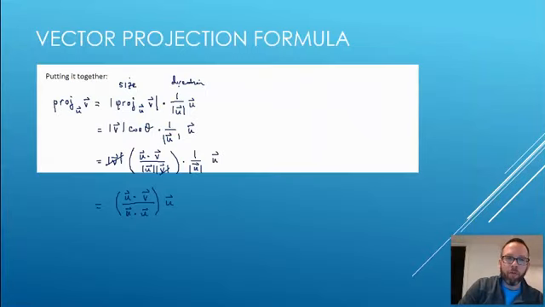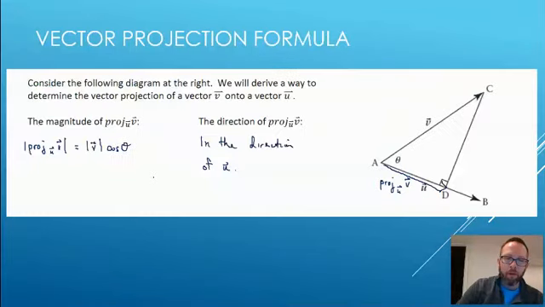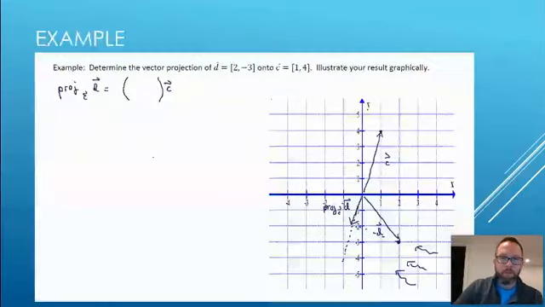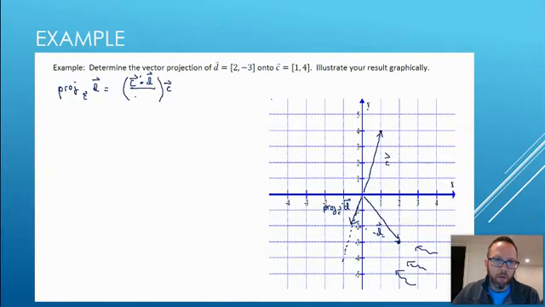And then if you go back to our formula, if you're projecting onto u, everything is u except this little bit of a dot product on top. So in ours, everything will be C except it'll be D. So it'll be C dotted with D over C dotted with C times vector C. So that's it. The formula is easy to set up. If you just remember, if you're projecting onto C, everything is C except the one on top.